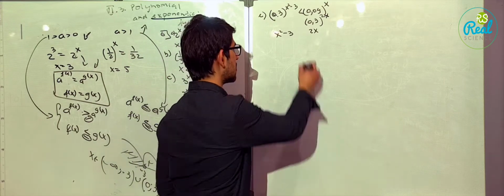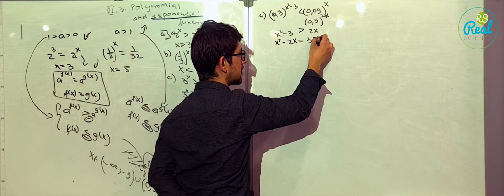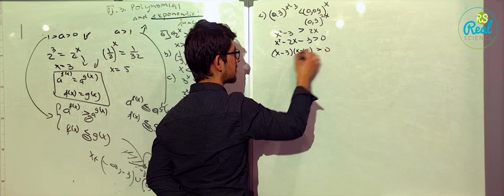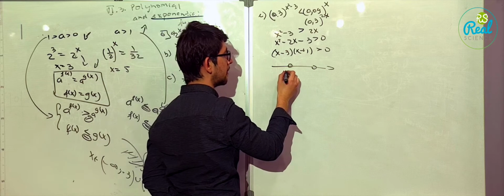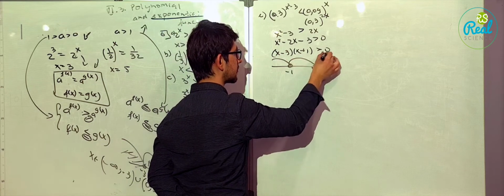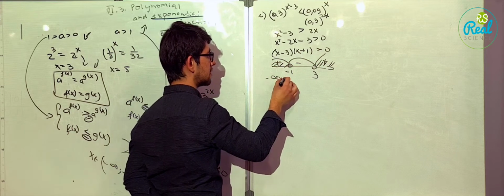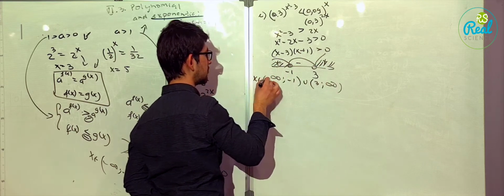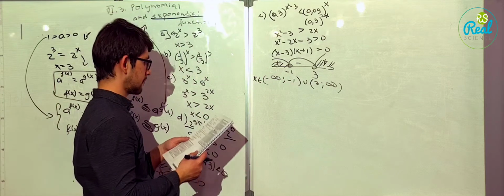Change it, right? You will change it. x squared minus 2x minus 3 is greater than 0. So (x minus 3)(x plus 1) greater than 0. We are using the factorization method, not the discriminant one. Minus 1, 3, plus minus plus. Greater than, meaning you take plus: from minus infinity to minus 1, union from 3 till infinity. Those are the values that your x can take, okay?